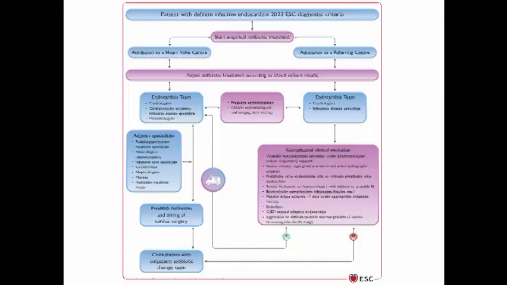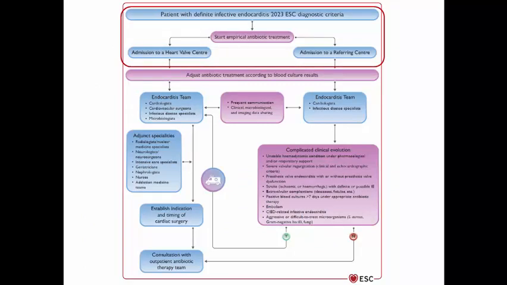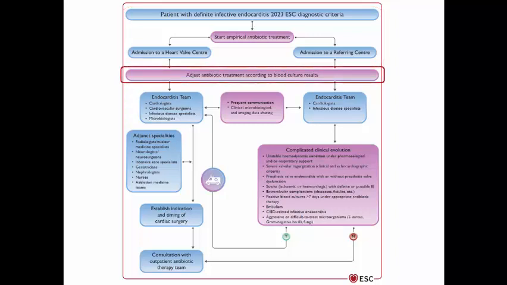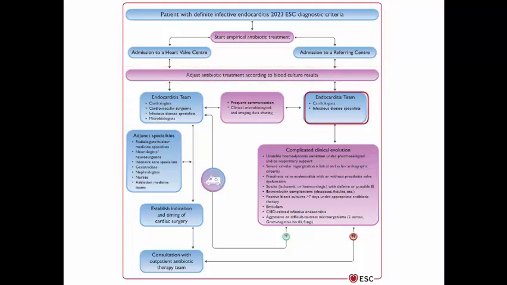So, another diagram: you diagnosed a patient with definite infective endocarditis according to the Duke criteria 2023. You start empirical antibiotic treatment and then you admit the patient either to a heart valve center if available or to a referring center. Then after the results of blood culture appear, adjust your antibiotic treatment. Then an endocarditis team should be involved in treating this patient with frequent communication with the larger endocarditis team and the heart valve center.